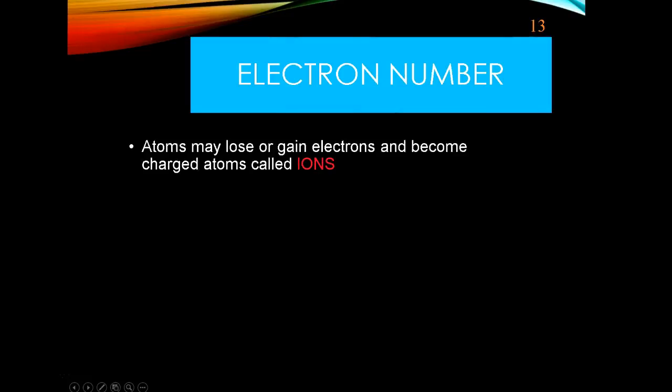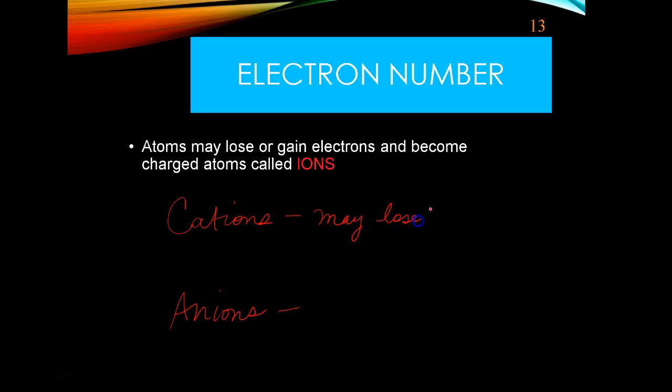So atoms may also lose or gain their electrons and become charged atoms that we call ions. There's two different types of ions that we need to discuss, and those are cations as well as anions. So let's discuss a cation. Cations may lose an electron, or we could lose more than one, so electrons.